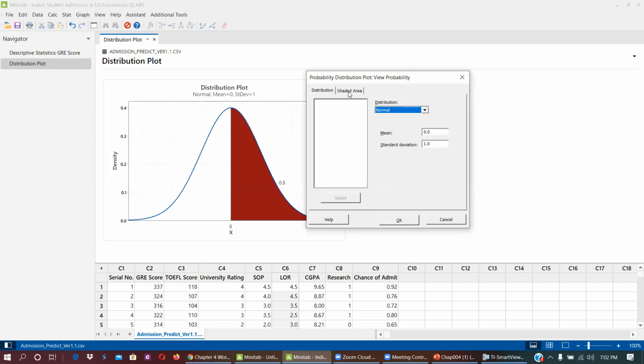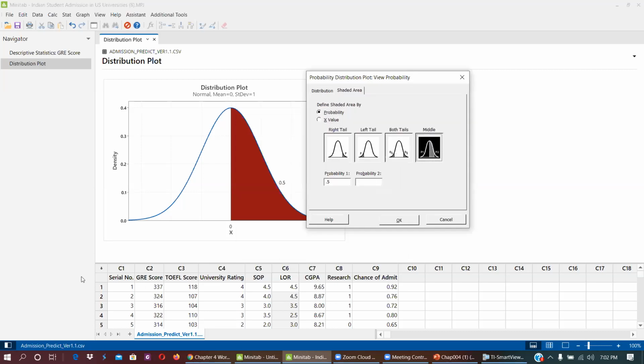So now here we have a shaded area. Now I'm going to do the middle. I need the middle how much?